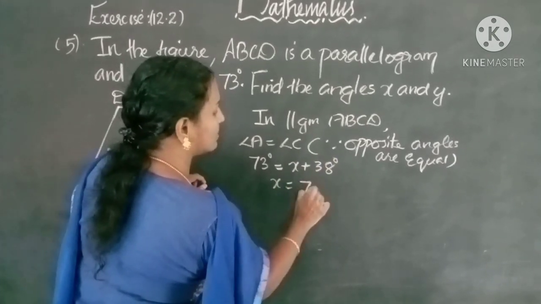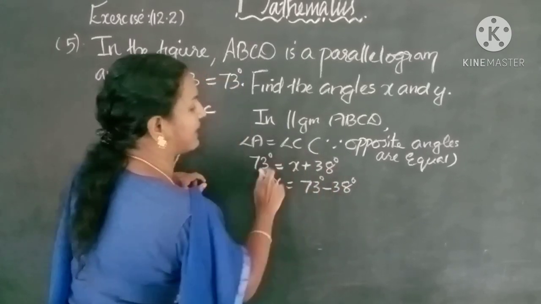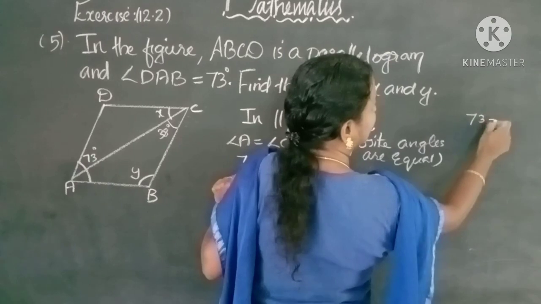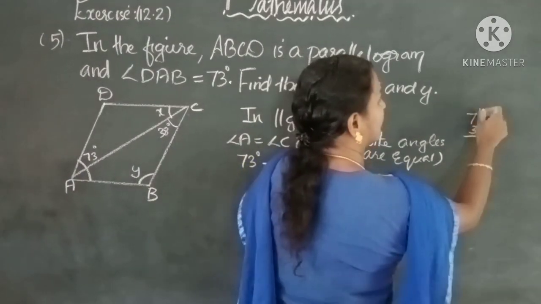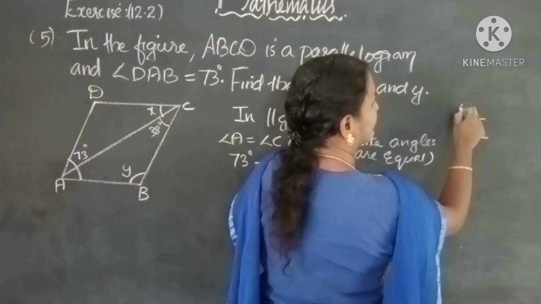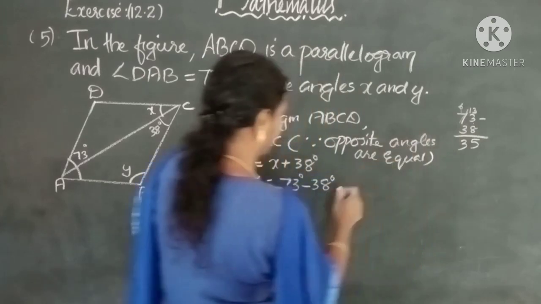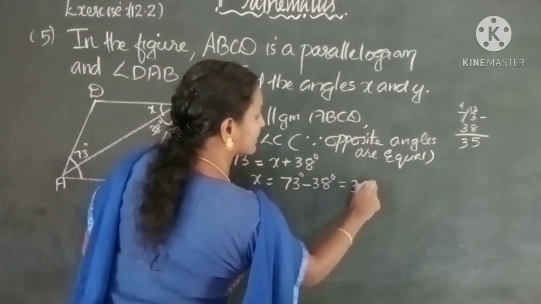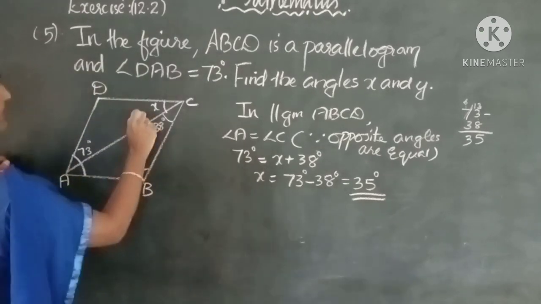So x is equal to 73 minus 38. 3 minus 8 is not possible, so we take 1 from here, making it 13. 13 minus 8 is 5, 6 minus 3 is 3. So x is equal to 35 degrees.